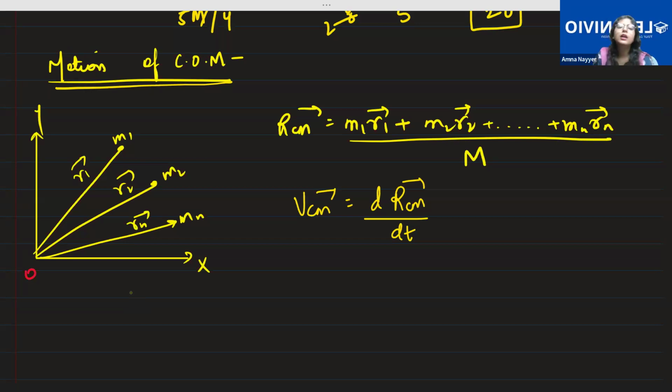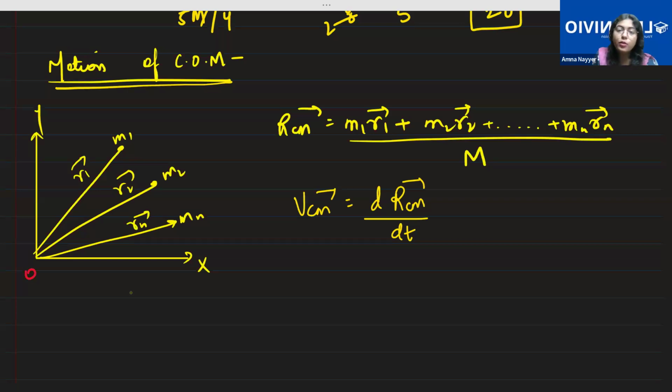Yes. Okay. See, when we talk about the motion of center of mass, basically position is there. That is the center of mass's location wherever it is present. Now, when you differentiate position in general, what do you obtain? You obtain velocity. So position of center of mass is there, then velocity of center of mass is present.